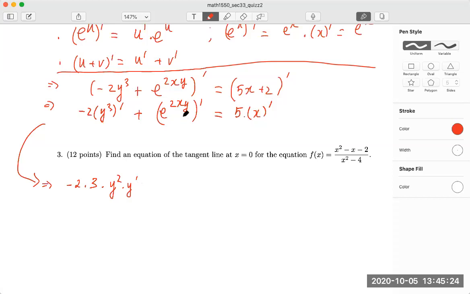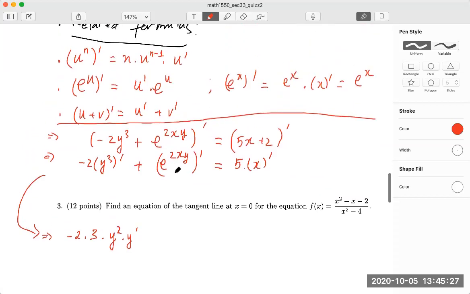And in this term, e to the something, right? According to the formula, it would be the derivative of the power times e to that power. Applying to this, what do we have here? Let us do it slowly.